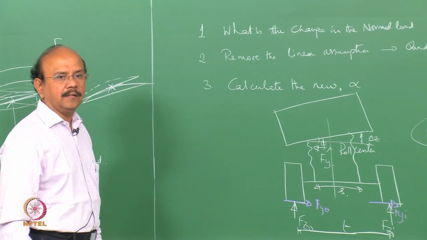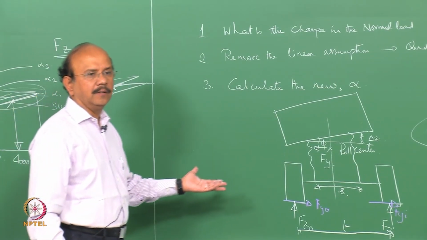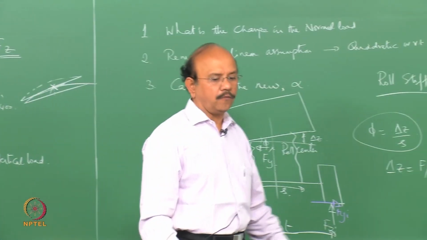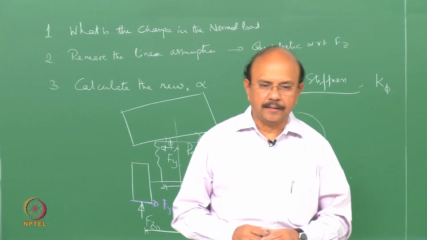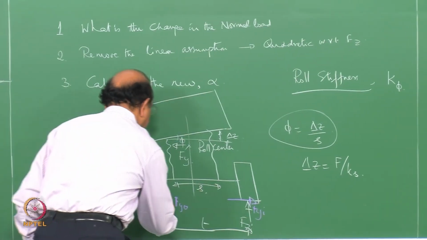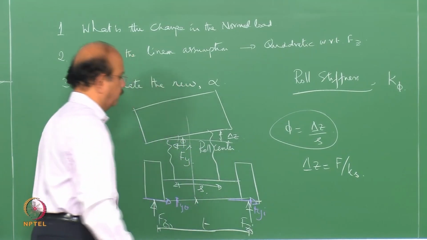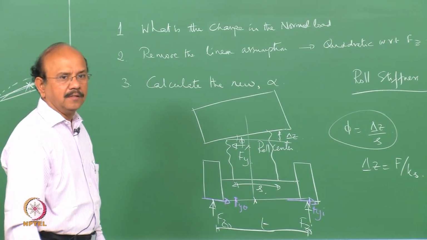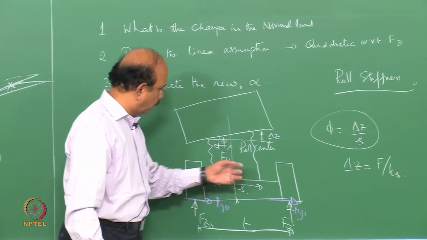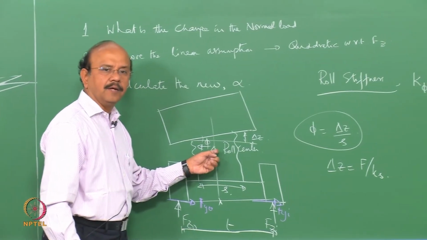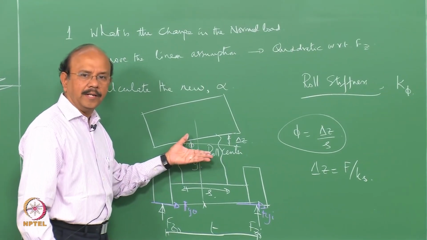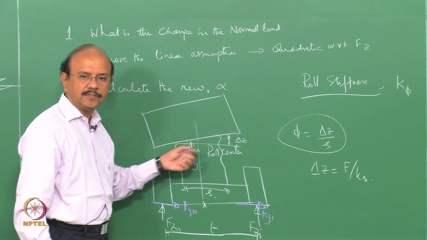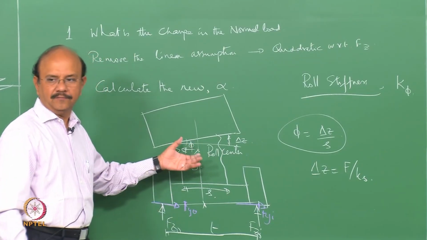Let me take moment of all the forces that are acting about the center. Now, the springs take the normal load, and as I said, Fy, when I cut it, this is Fy where the reaction for this is taken.